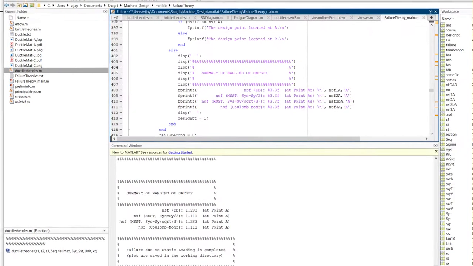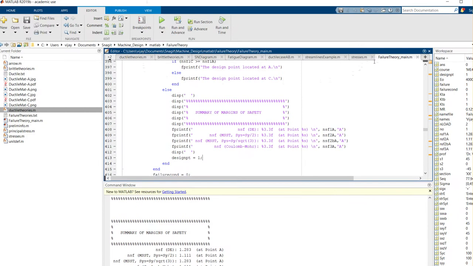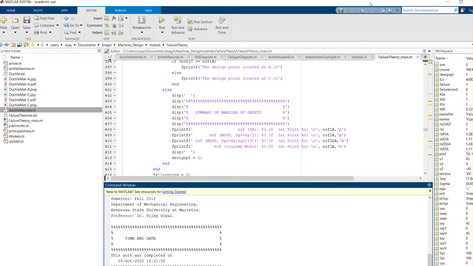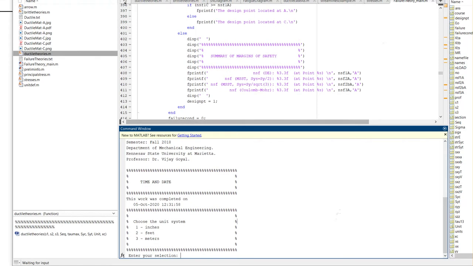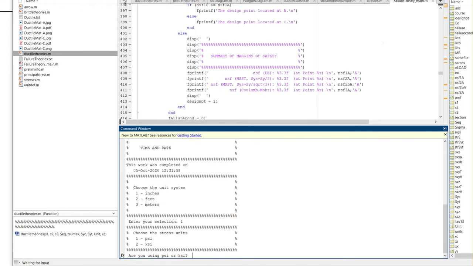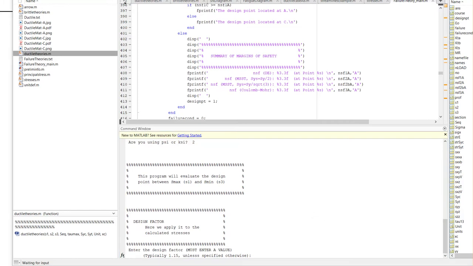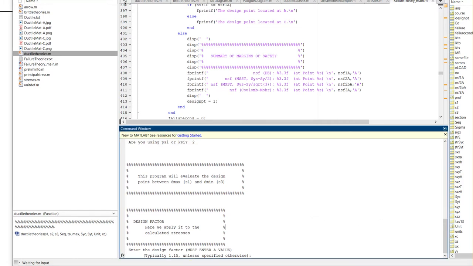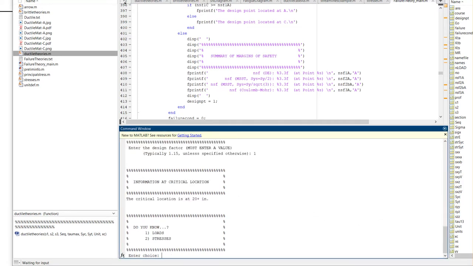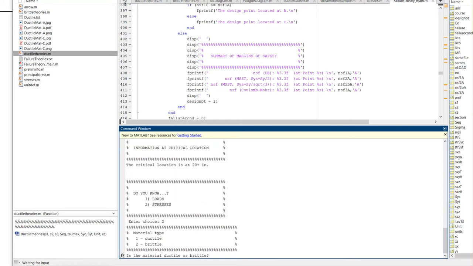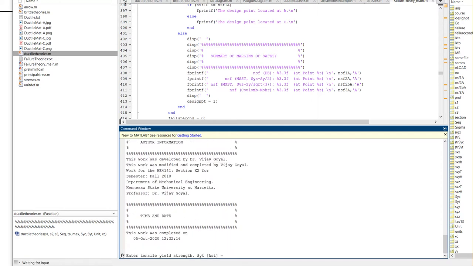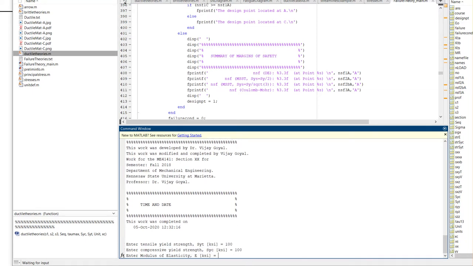Let's go and run this problem again. Choose your failure theory and press play or run. This is inches. This is 1. Again, as we talked about, we will assume that your design factor here is 1. Working in KSI, with ductile materials, this is 100, 100.